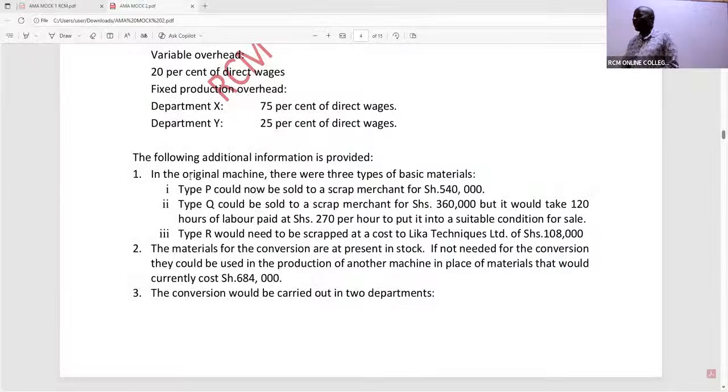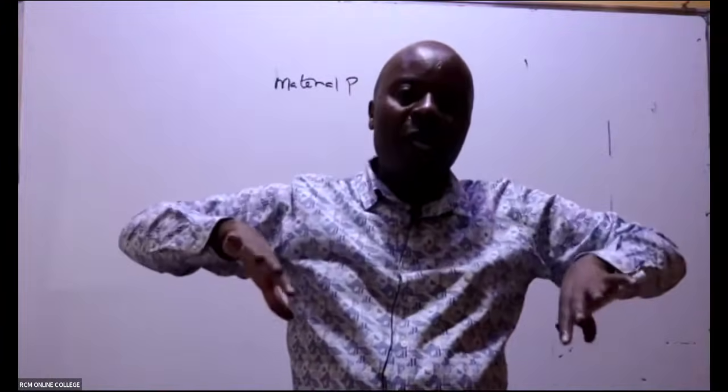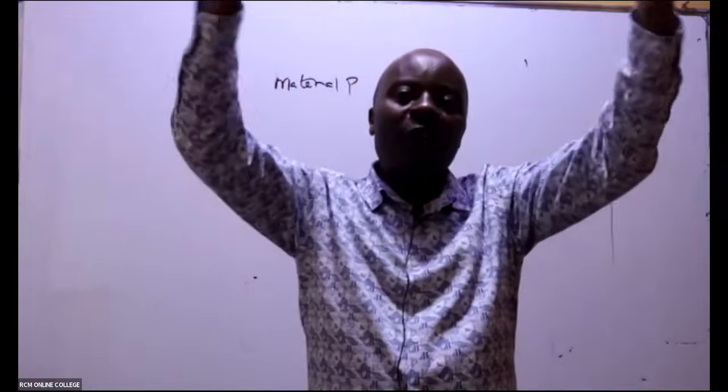All right, my good students. So we start with the first one. In the original machine, there were 3 types of basic materials. We start with material P. So material P could be sold as scrap for 540,000. Ladies and gentlemen, in the other plan, without Zimwi coming on board, I would have sold it for 540,000.